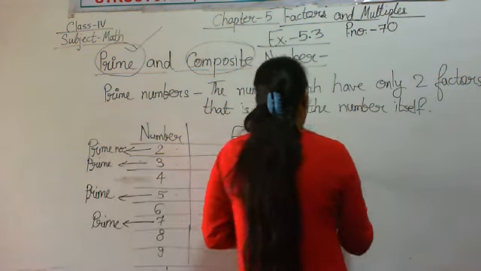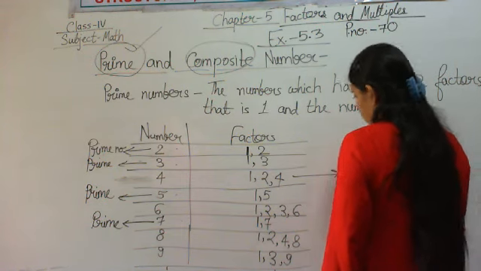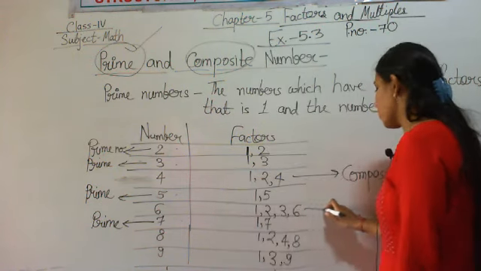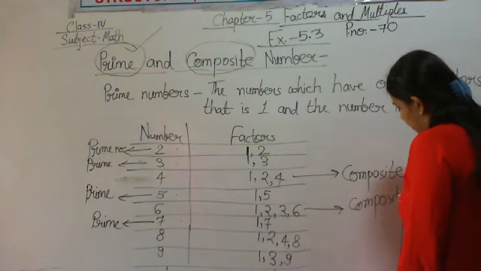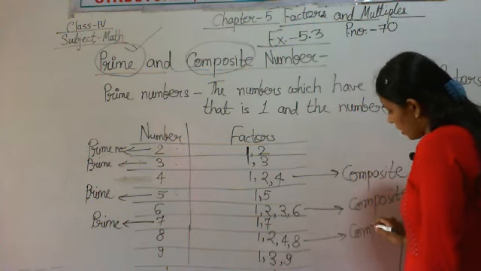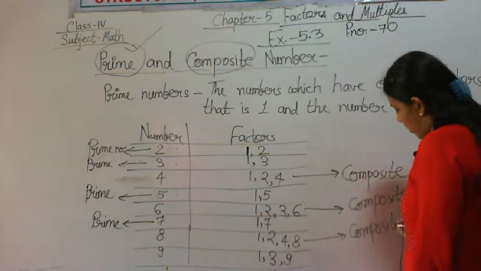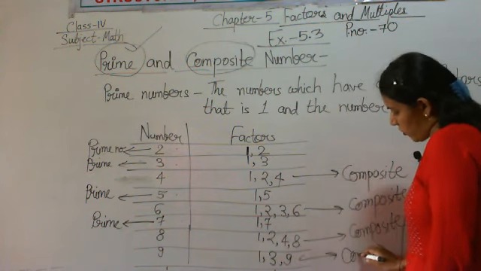So 4 is a composite number. And number 6 has more than 2 factors, so it is a composite number. Then number 8 is a composite number because it has more than 2 factors. Number 9 is also a composite number.